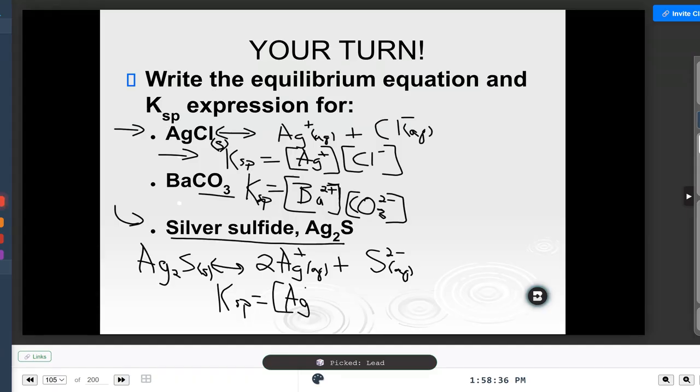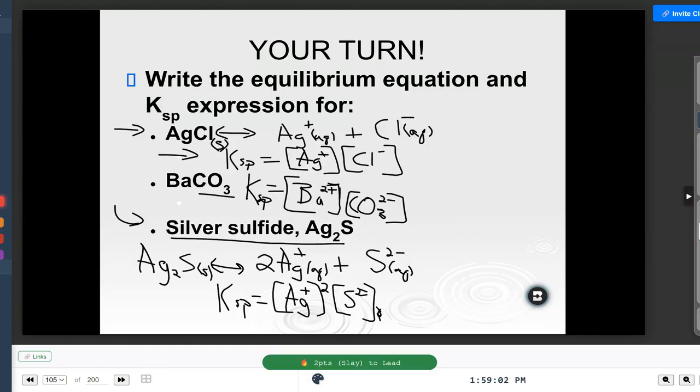I'm missing something. What am I missing? Missing one. Yeah, I'm missing the 2 right there. Okay, so make sure that we got our coefficient turning into our exponent there. Good job. All right, so that's how we do those.